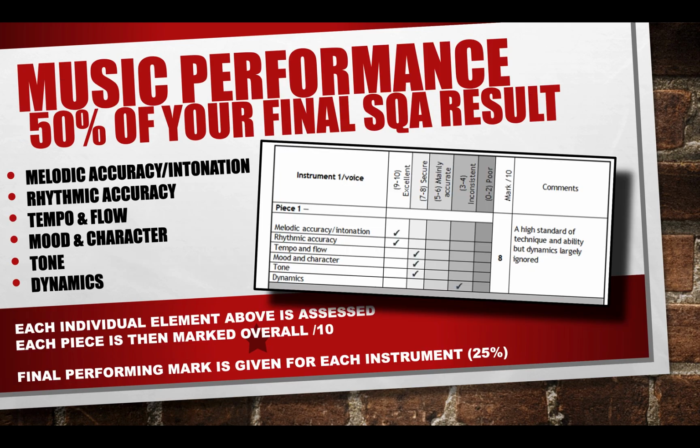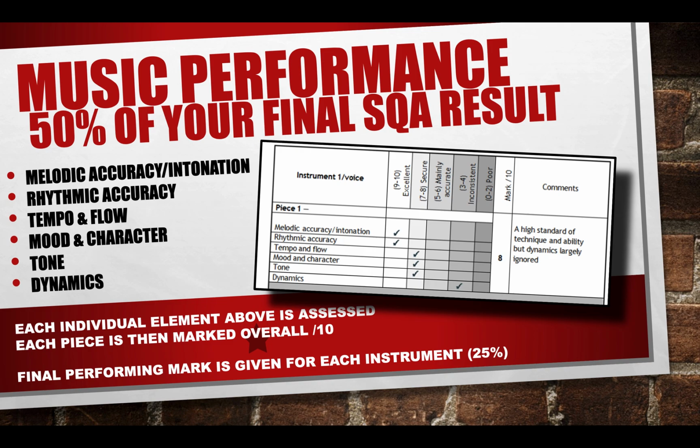The mark sheet that the visiting examiner uses looks like this. They have a set of boxes to tick for each of these elements for each piece. So in this example here, the performer has got a 9 to 10 for melodic accuracy, intonation, and rhythmic accuracy. Tempo and flow, mood and character and tone are all in the 7 to 8 secure box, and dynamics is in the inconsistent box.